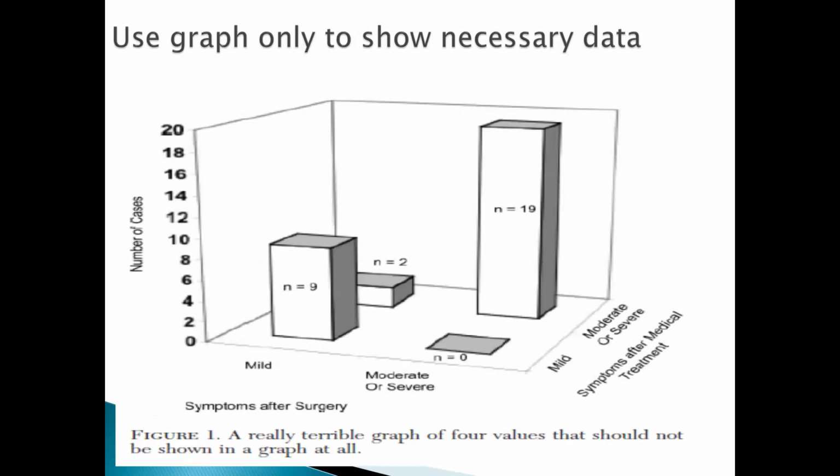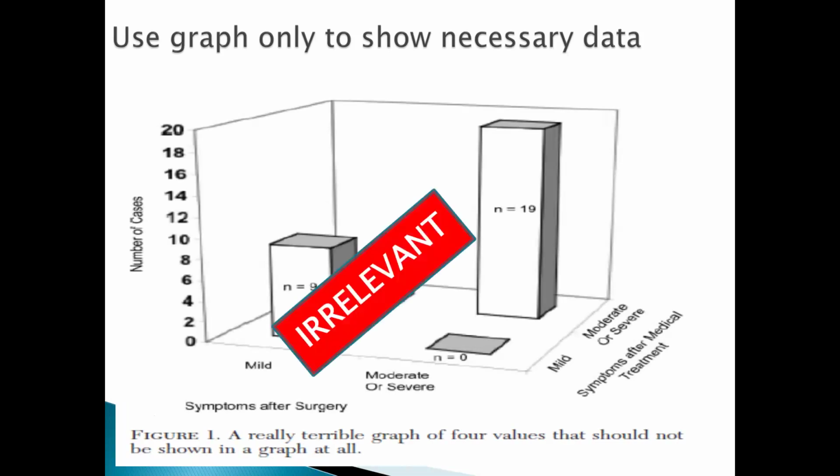This graph just shows the sample size in each of those four categories. So this need not be shown. We just wanted to show the number, so you can simply explain it in text, and there is no need to make a graph or a figure just for the sake of adding a graph.